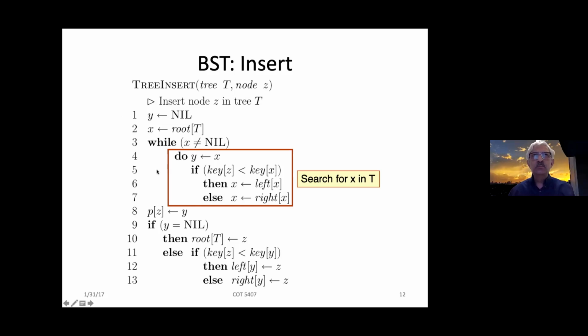The while loop going from 3 to 7 is essentially the search operation. That's what I just told you. So until x becomes nil, we keep searching for this item. By the way, if the item is already present, then you could decide to stop and not insert it. So that's an additional thing that you could decide to add to this code at this point.